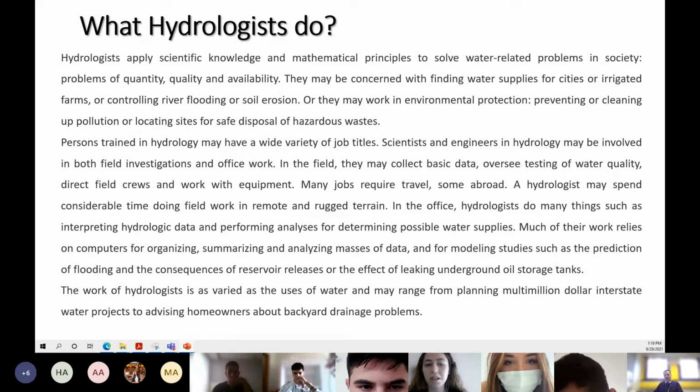The work of hydrologists is as varied as the uses of water and may range from planning multi-million-dollar interstate water projects to advising homeowners about backyard drainage problems.